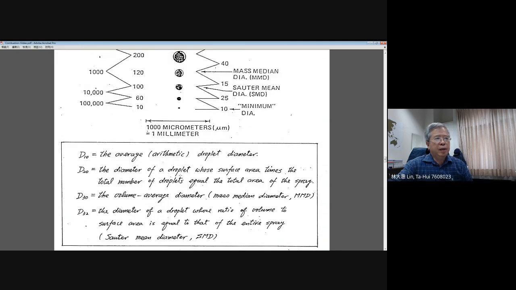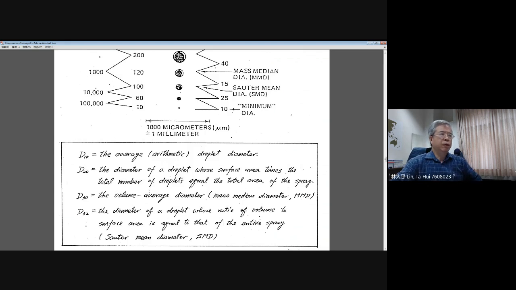Let's say the diameter of a droplet whose surface area times the total number of droplets equals the total area of the spray, which means D20 represents the characteristic coming from the surface area distribution. Then simply you can see D30, they tell you the volume average. D20 is the surface area average diameter, but this one is the volume average diameter. We call this the mass median diameter. Sometimes you will use the so-called MMD.